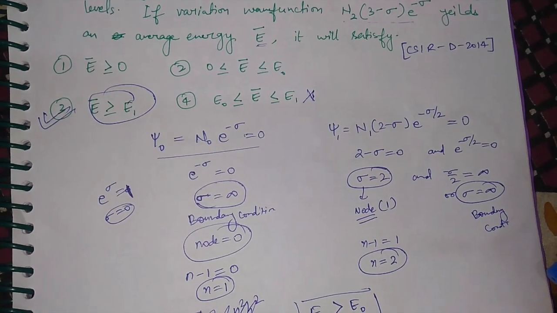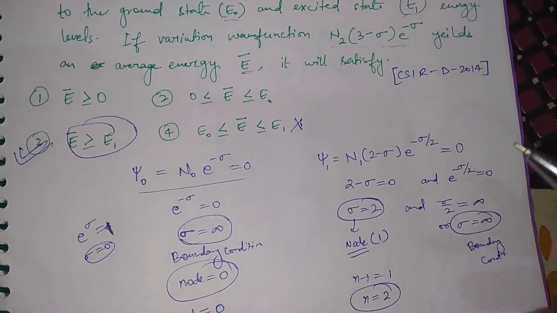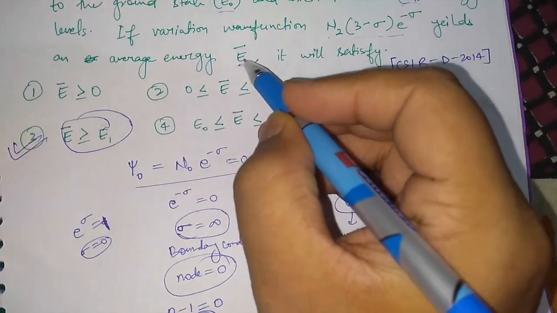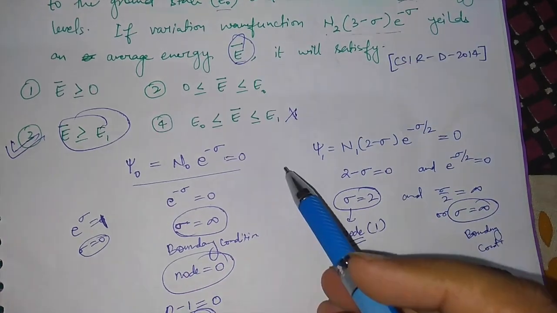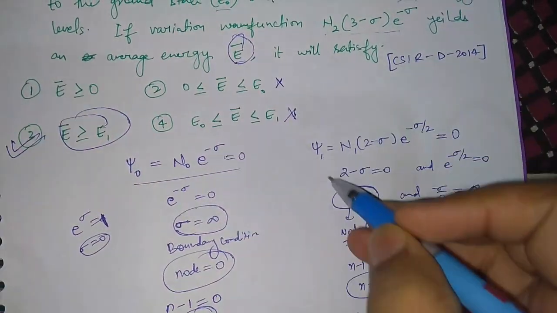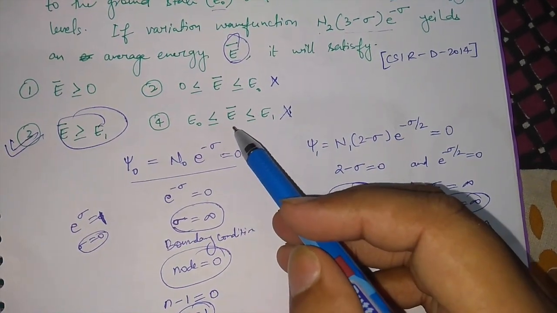And how to do that is, you know that E exact is always less than your E trial. Okay, so E trial is your E bar, right? So just look in the options where E bar is given as the highest one. So your option number 2 also cannot be correct because E bar is given less than E0, which cannot be possible, and option 4 is also not possible.